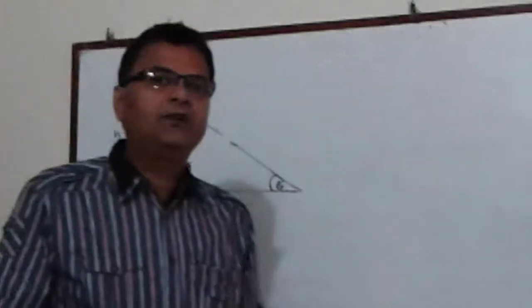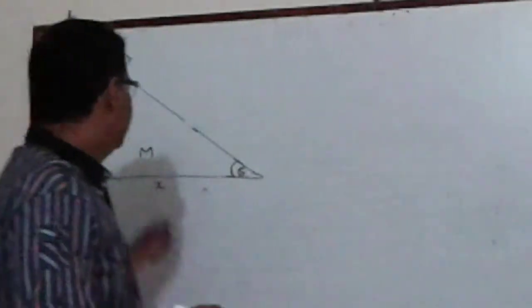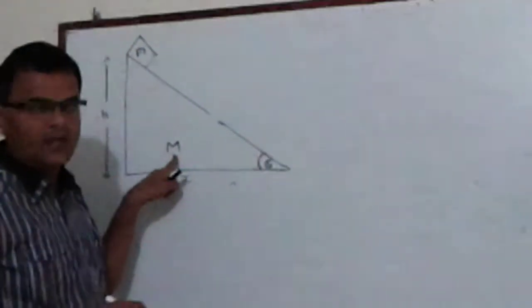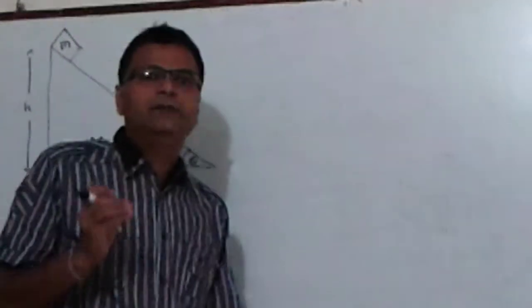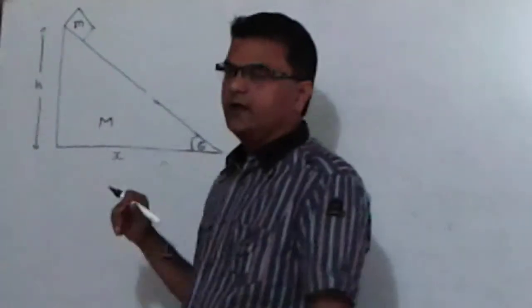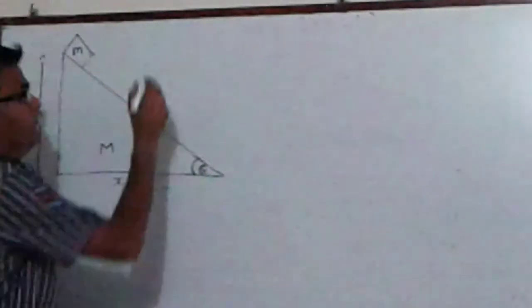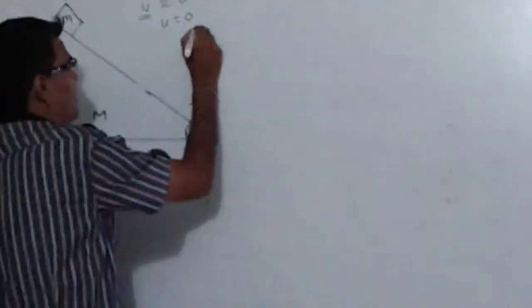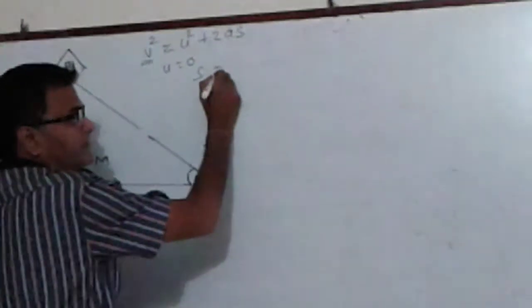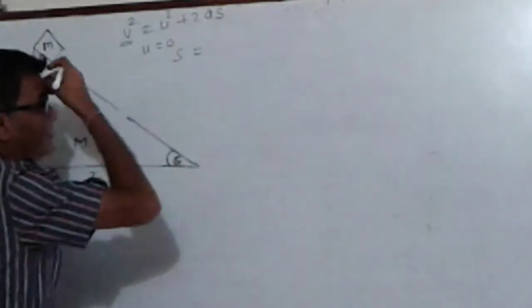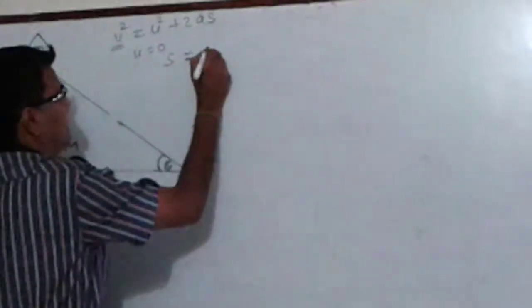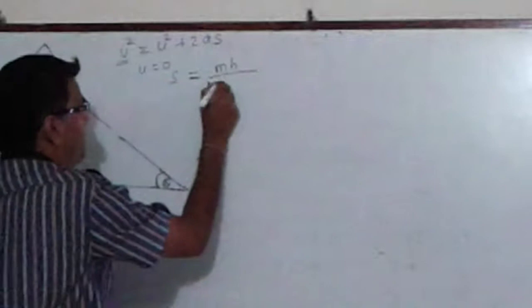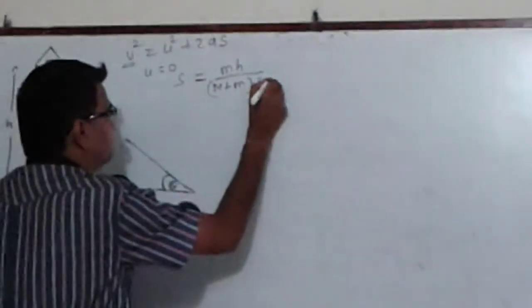Now let us begin our part 2. Please see, from part 1 we have already found out the displacement of the block M. If we are able to find the acceleration of the block M, we can use the equation v squared equals u squared plus 2as to get the value of v, as u is 0, and s we already computed from the previous topic, that it is m into h upon m plus n tan theta.